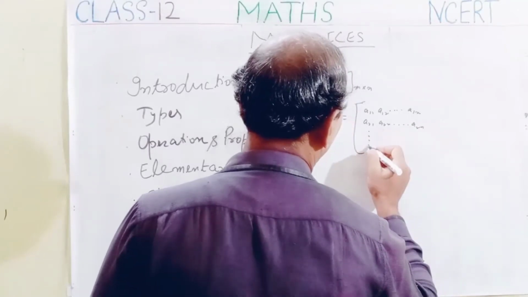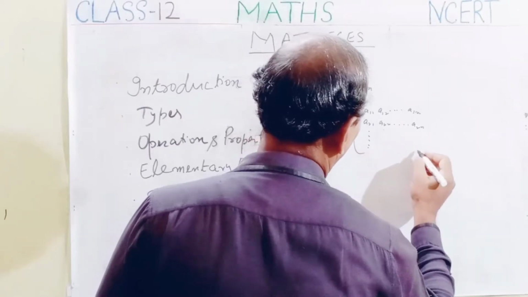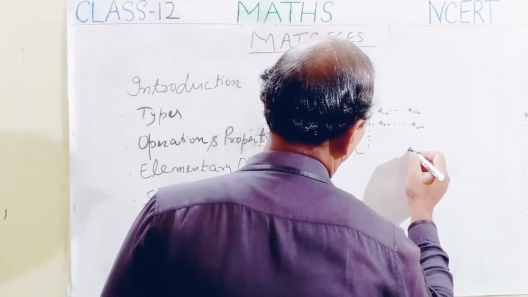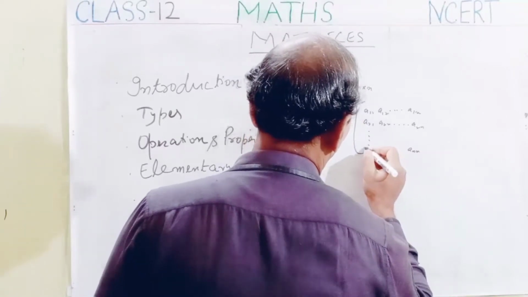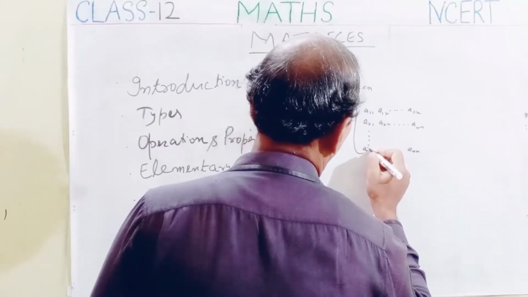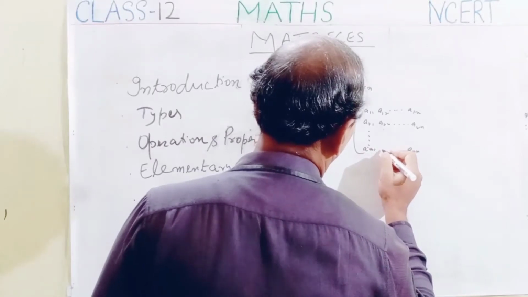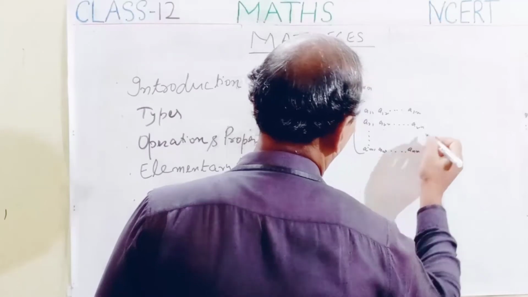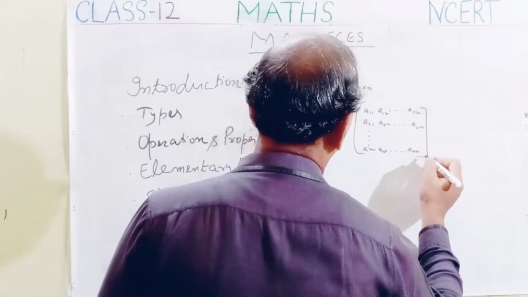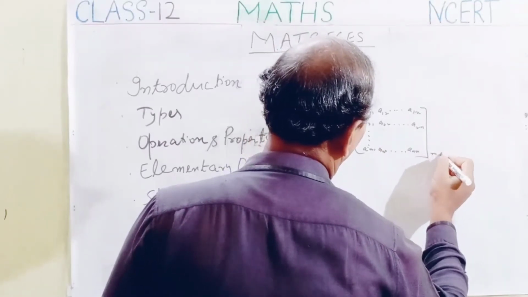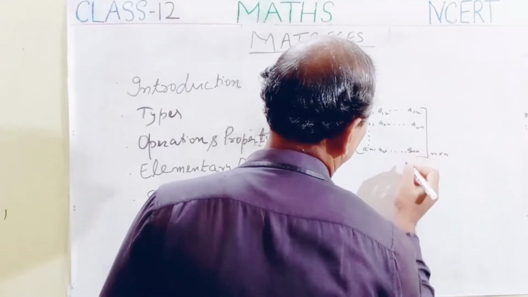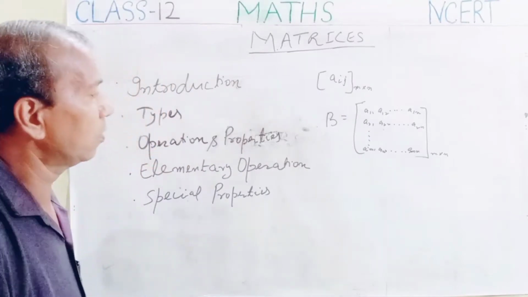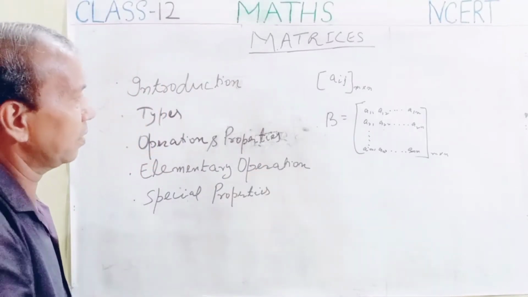And similarly, we have the last row, here it will be AM1 and AM2 and so on, AMN, and here it will be M cross N. So this is how the matrix is represented.